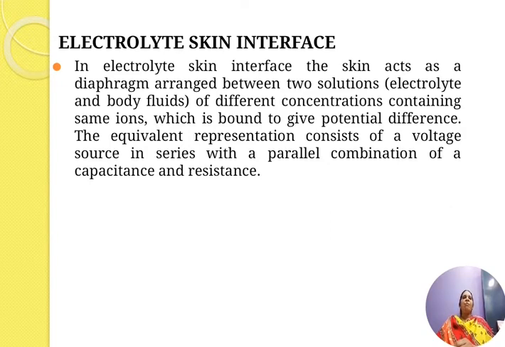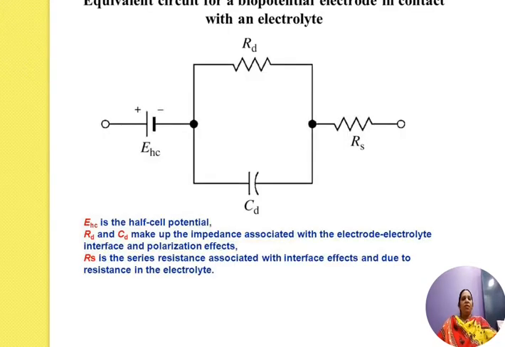The equivalent representation consists of a voltage source in series with a parallel combination of resistance and capacitance, which you can see in the diagram. This is the equivalent circuit for a biopotential electrode in contact with an electrolyte.